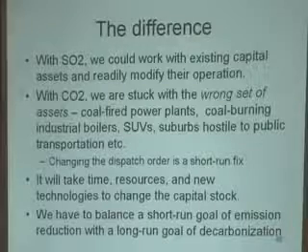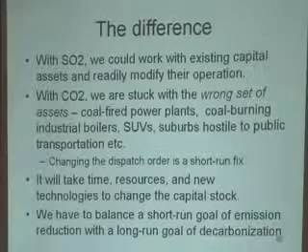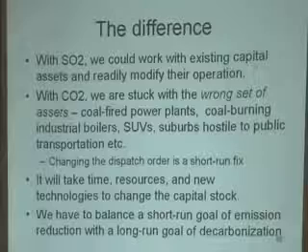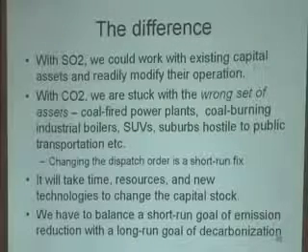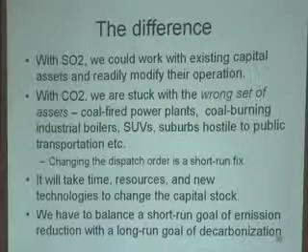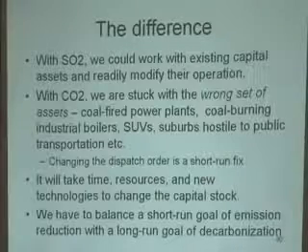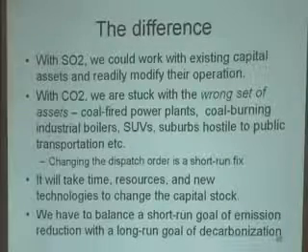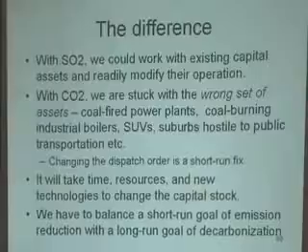We have the wrong city layout. You can't wave a wand and make that much more public transportation. With SO2, with other things, essentially you could reoperate existing assets at some cost, and reduce emissions.